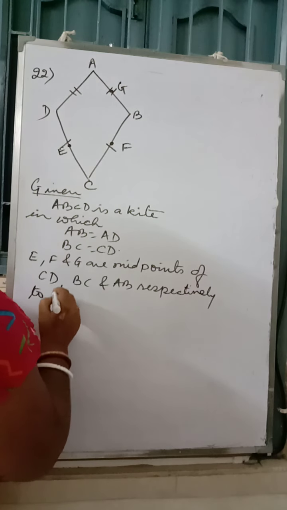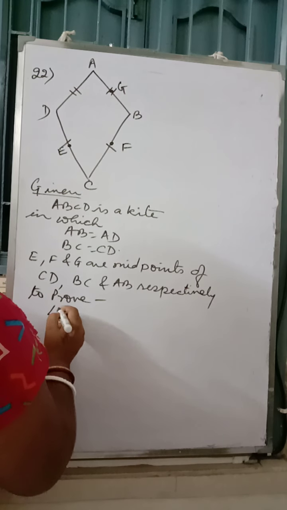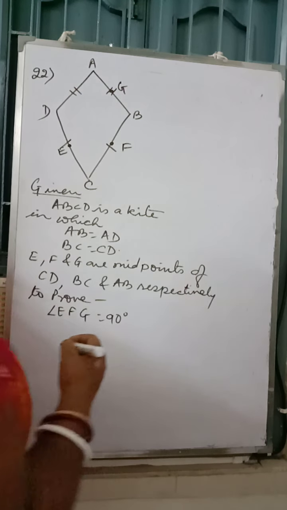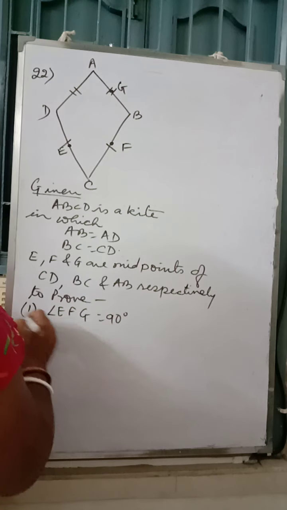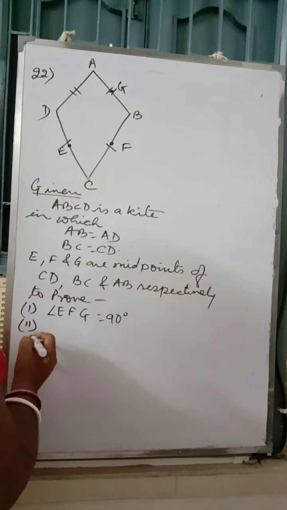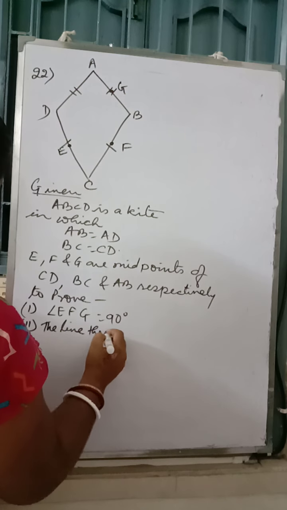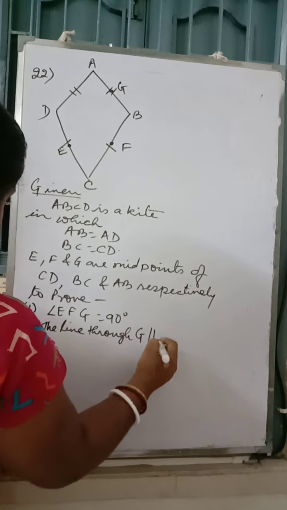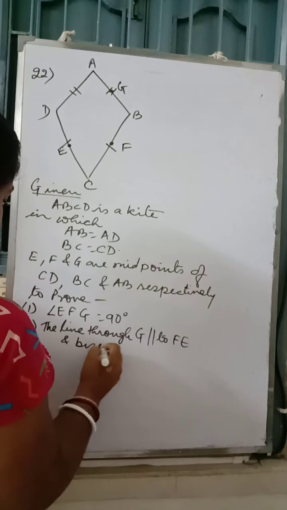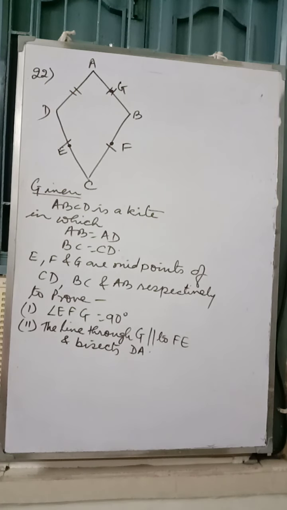To prove: angle EFG is equal to 90 degrees, and the line drawn through G parallel to FE bisects DA. Okay, this is the question they have asked.